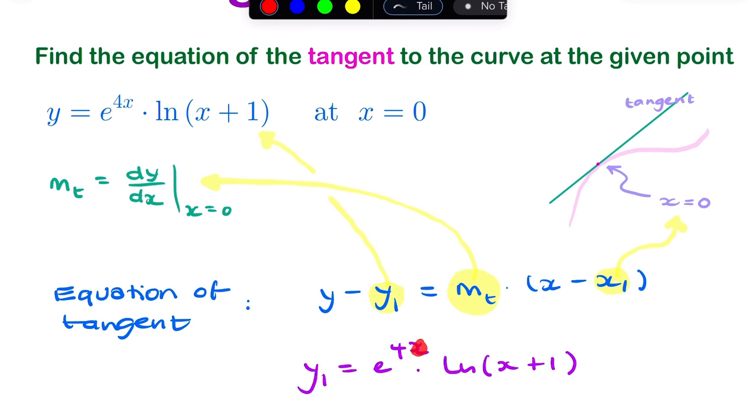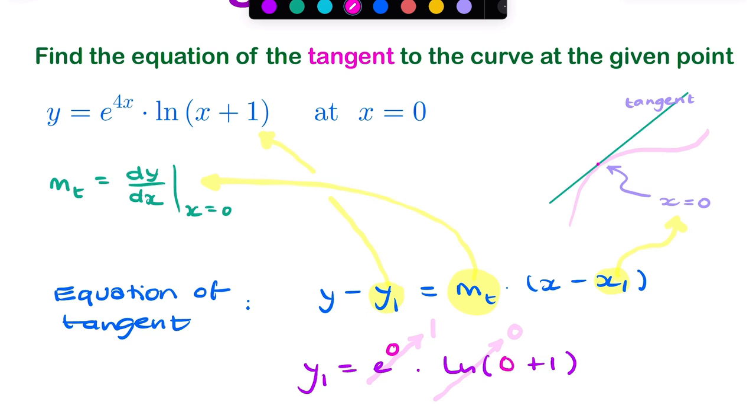So I'm going to replace these x's with 0. e to the power 0 is 1, but ln 1 is 0.